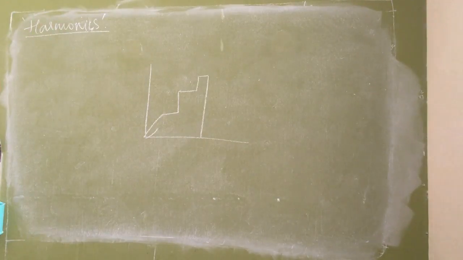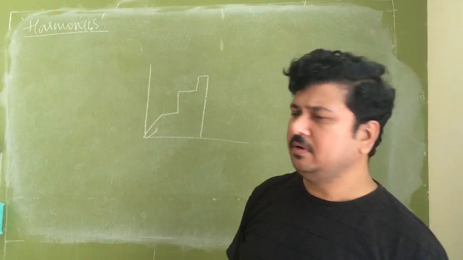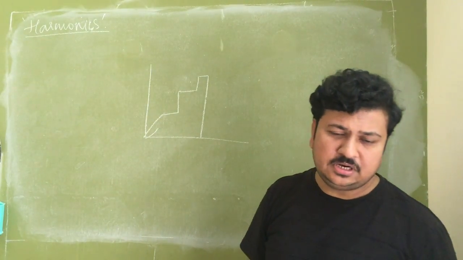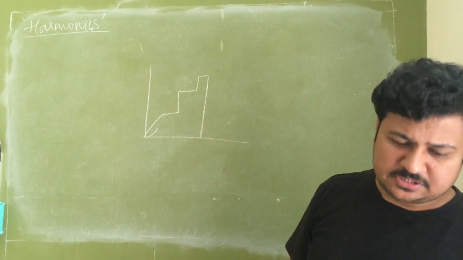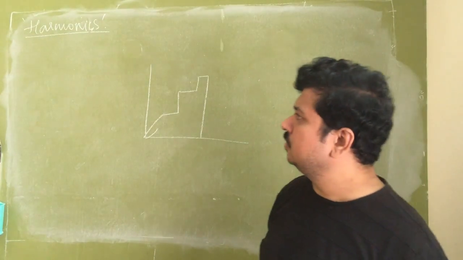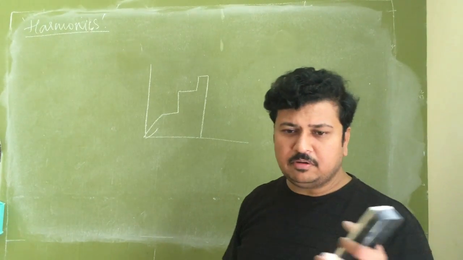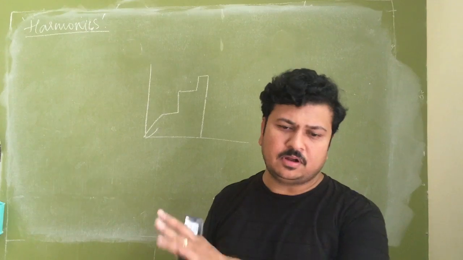You studied harmonics in power electronics and in analog electronics also. While studying power amplifiers, you studied harmonics, especially in the class B amplifier. We study the total harmonic distortion in power amplifiers. Power electronics is full of harmonic content.